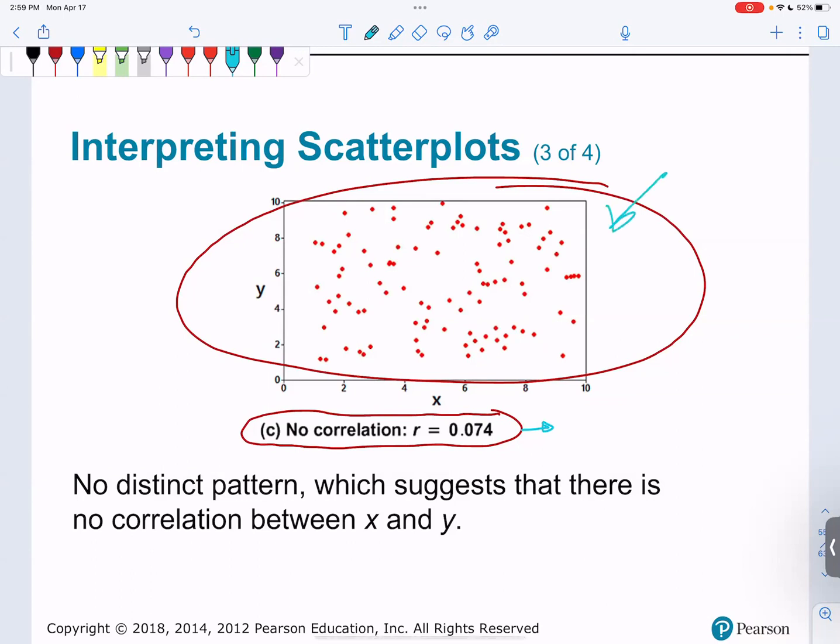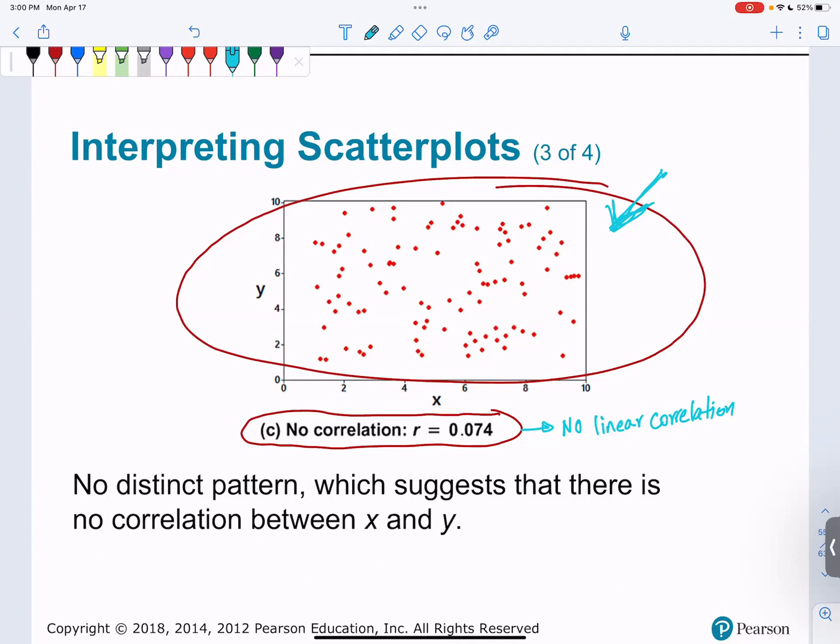But since we know the scatter plot, we can say, oh, no correlation between those two variables, okay?